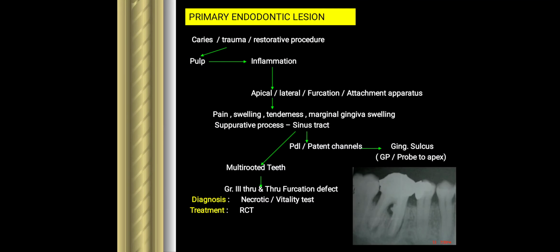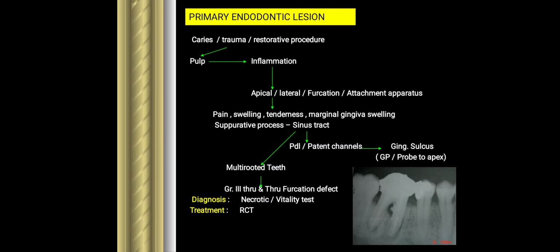In primary endodontic lesion, the caries, trauma, and restorative procedure will affect the pulp and cause inflammation of the pulp. The inflammation will be apical, lateral, or furcal infection, which will cause pain, swelling, tenderness, marginal gingival swelling, and suppurative process, and sinus tract formation will occur.